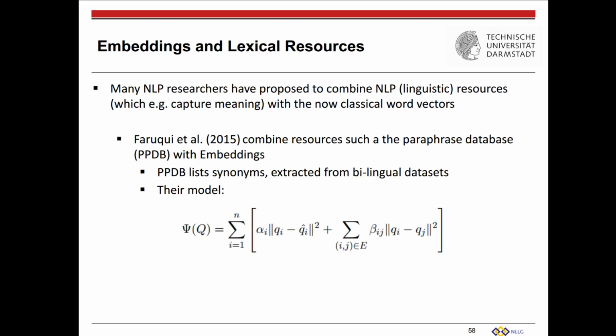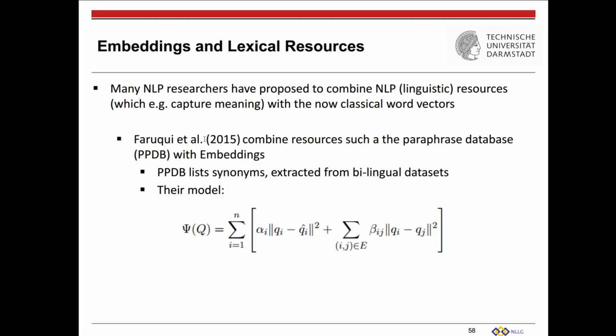And such databases are either compiled by linguists, so there's some human expert that can tell us, okay, these two words really have this lexical semantic relationship, or they can also be automatically compiled, like from translation statistics. So if two words translate to the same word in another language, then probably they have very similar meanings.